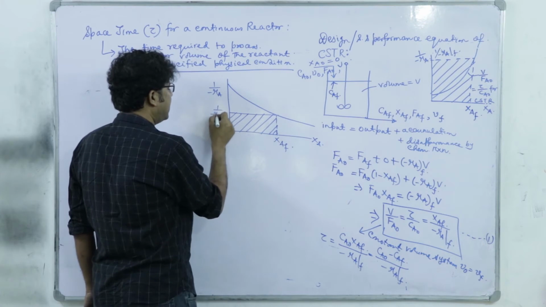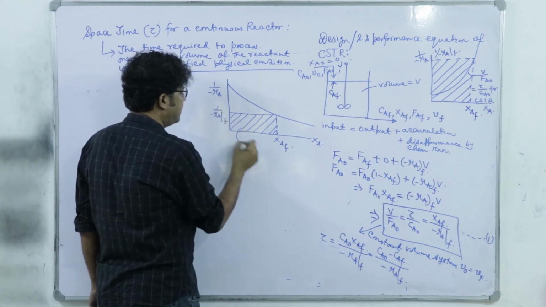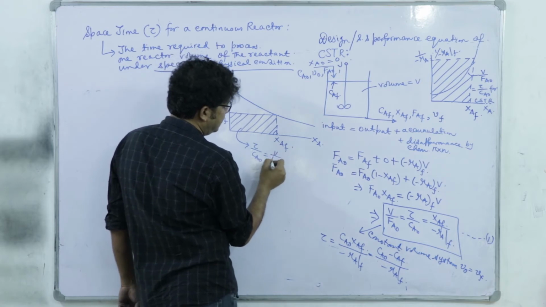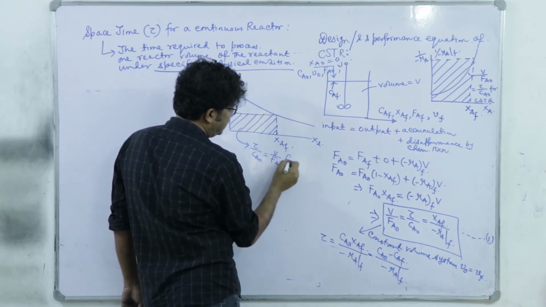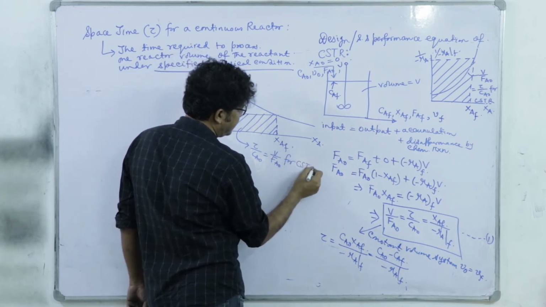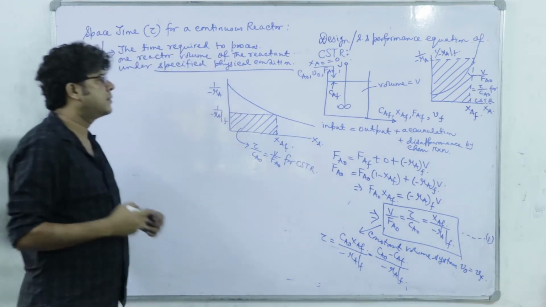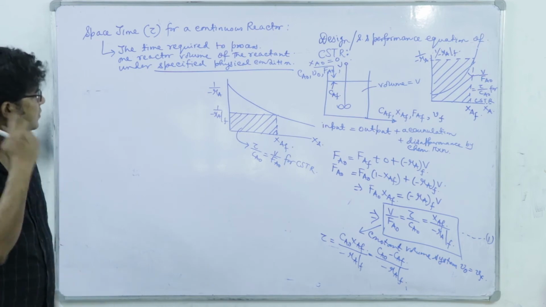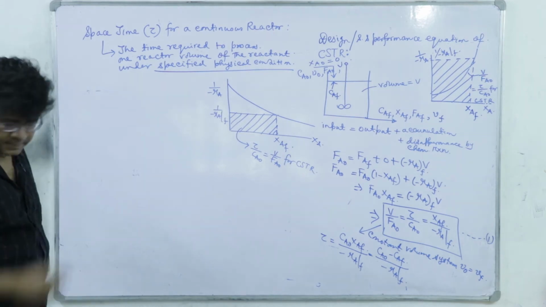This is 1 by minus Ra at F, so this much is tau by Ca naught equal to V by Fa naught for CSTR. So that's the basic design equation for CSTR.